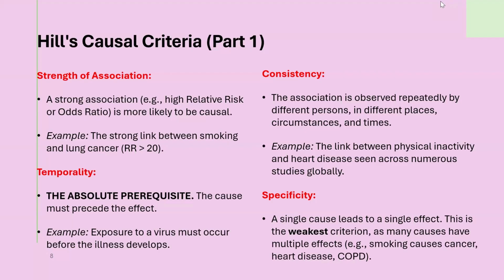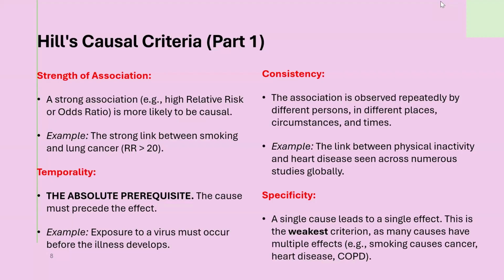The second criteria that Hill considered is temporality. And temporality was considered as an absolute prerequisite for causality. Temporality just means that the exposure came before the outcome. So for you to say something caused another thing, that exposure must come before the outcome.